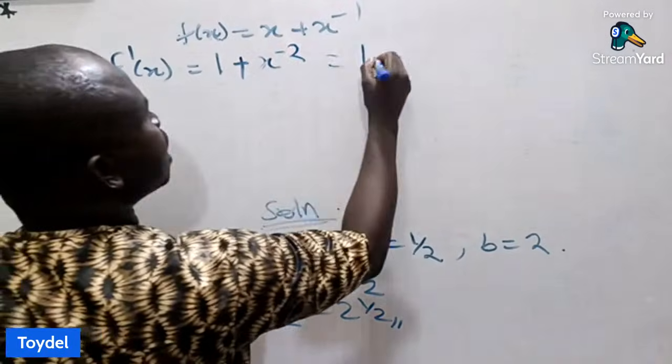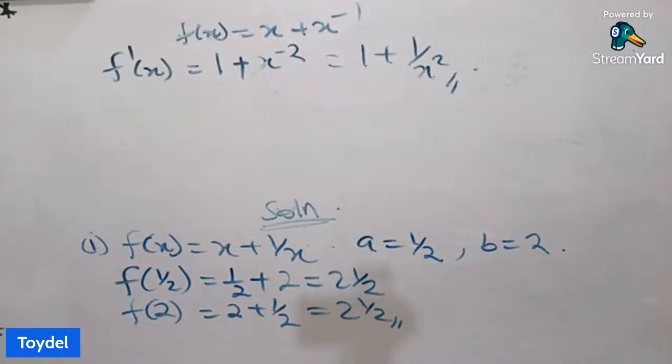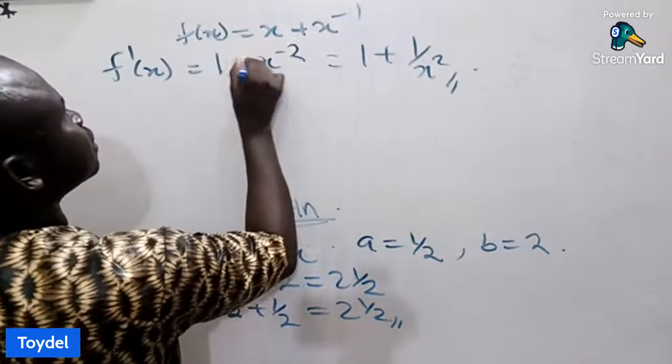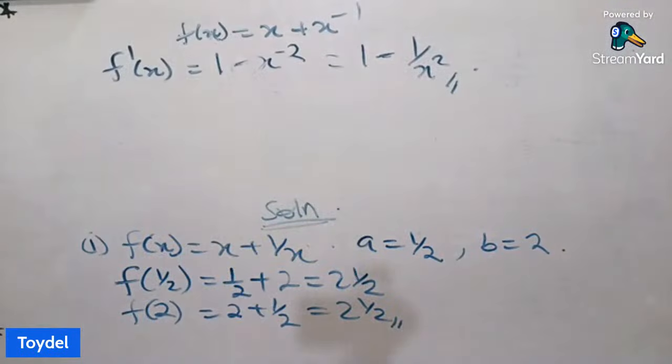This is the same thing as 1 minus 1 all over x squared. This is f prime of x. No, here is plus. When this comes down, here we change to minus. So that is f prime of x. We have gotten the value of f prime of x.